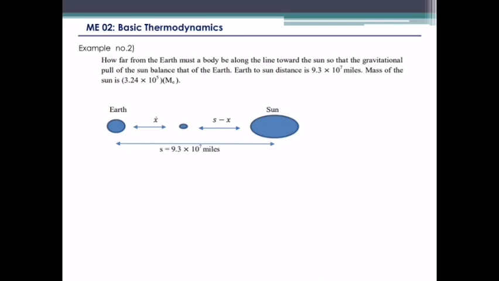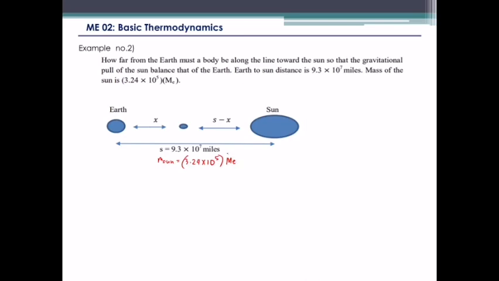Okay, so we are given also, so this is our s. So other given, we have the mass of the Sun, which is 3.24 times 10 to the power 5 times the mass of the Earth.